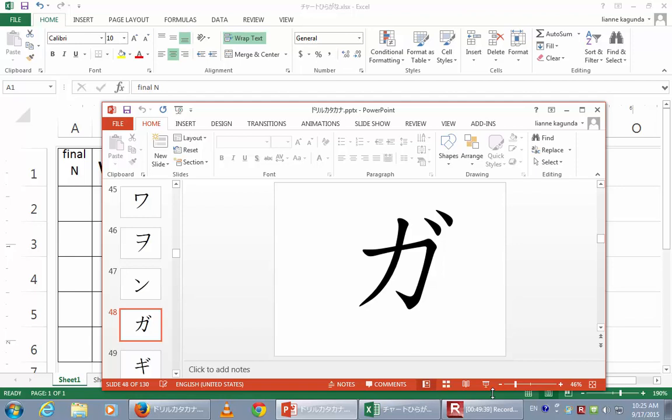Business, yeah, remember from last chapter, bijinesu. This was one of your supplementary vocabulary. Now it's coming back.